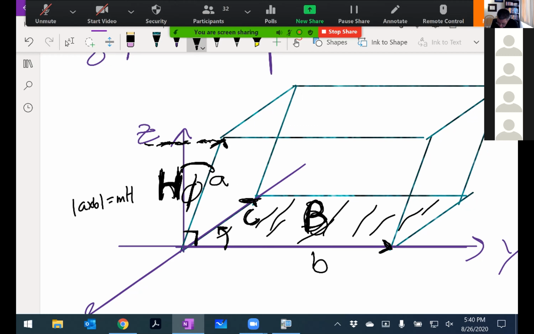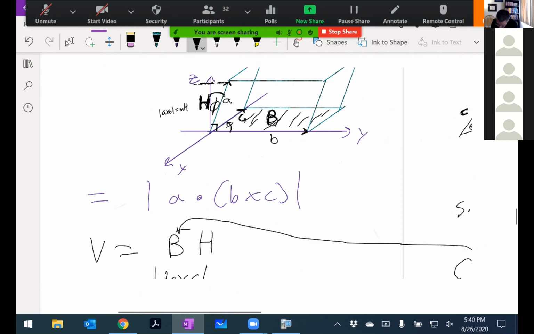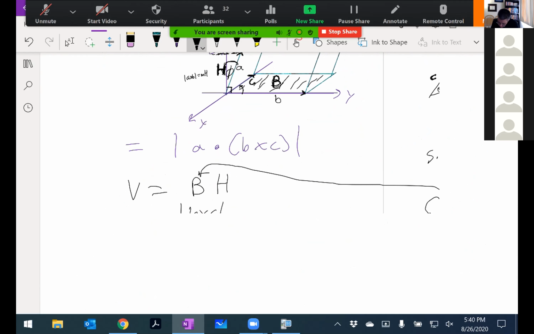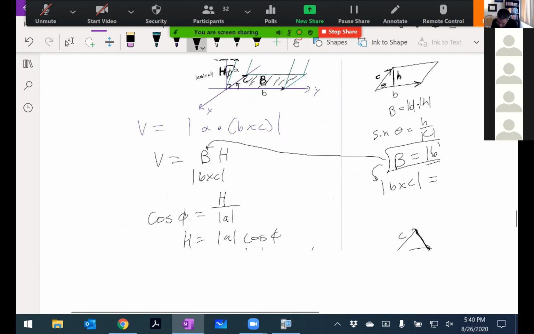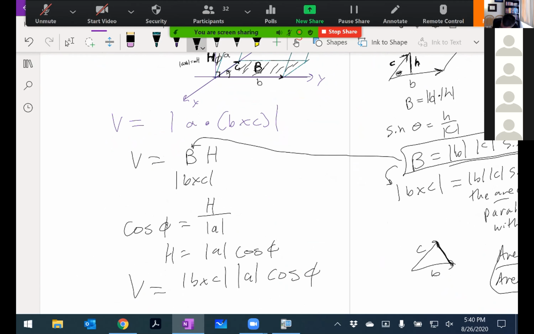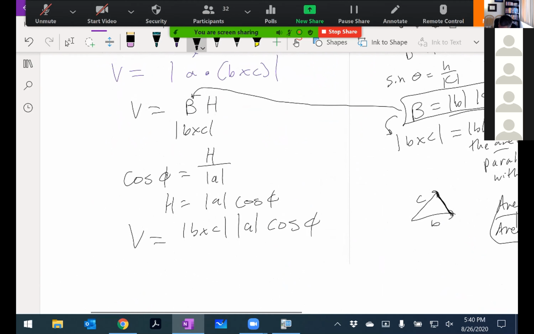So let's tie this all together. What this means is that when I take B cross C, which is in the same direction as H, that's the magnitude of B cross C, right?